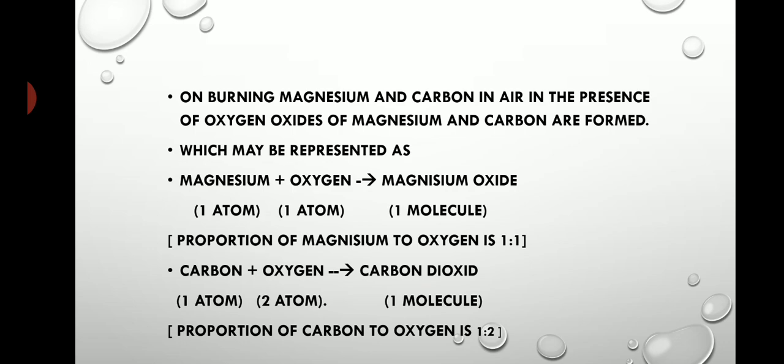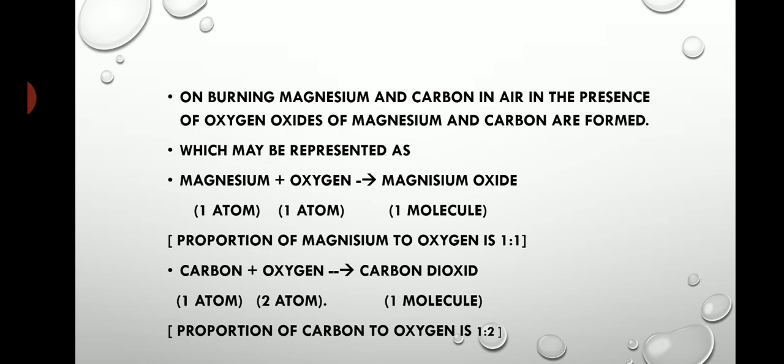The above can be represented as the following reaction, where magnesium plus oxygen will combine. Here there are two elements, one is magnesium and another is oxygen. When these two elements combine, it will form a compound which is called magnesium oxide.